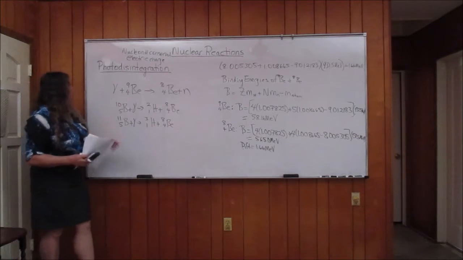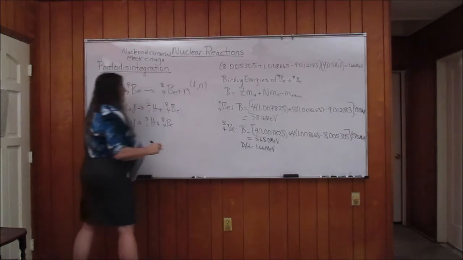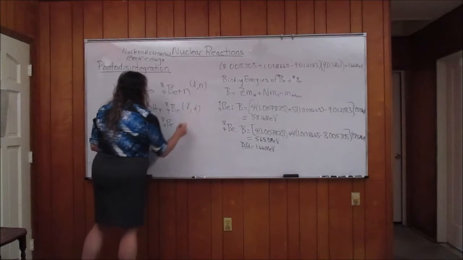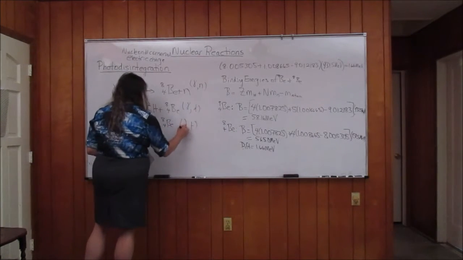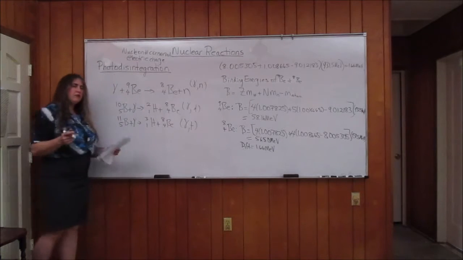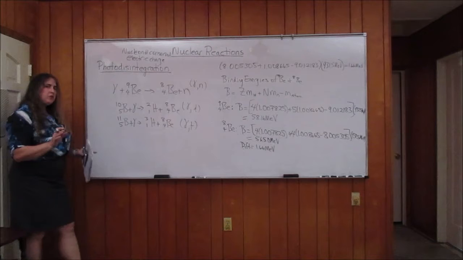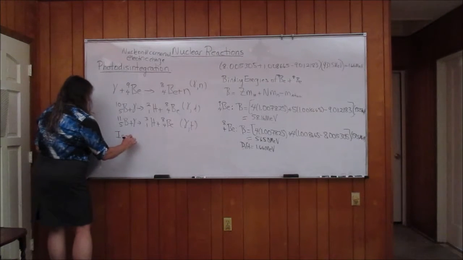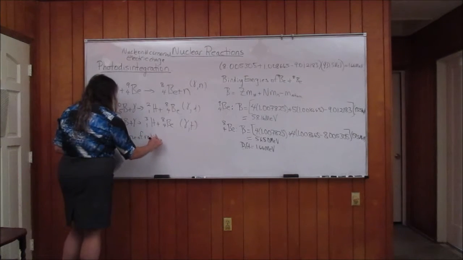So again, this is a reaction of the type gamma N. The second one is the type of reaction gamma D, where little d represents deuteron, and this is of the type gamma T, where T represents a triton or a tritium nucleus. Photodisintegration is the inverse of radiative capture.